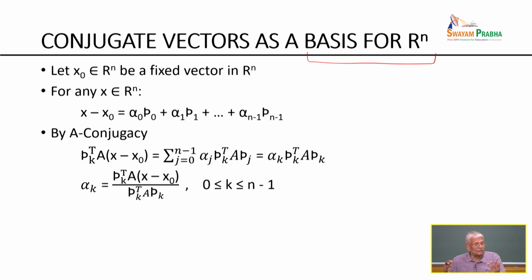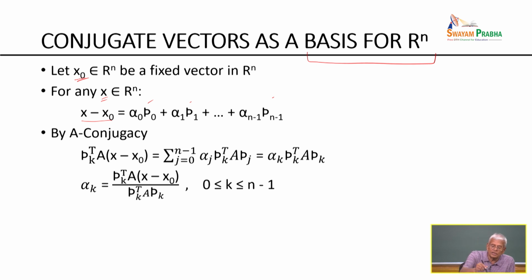I have already done how the transformation takes place when I did the module on matrices. So, if p0, p1, pn minus 1 are linearly independent, and x0 is a fixed vector, then for any vector x in Rn, x minus x0 is an arbitrary vector in Rn. I can pick my x0 to be the origin, in which case x minus x0 will be x itself.